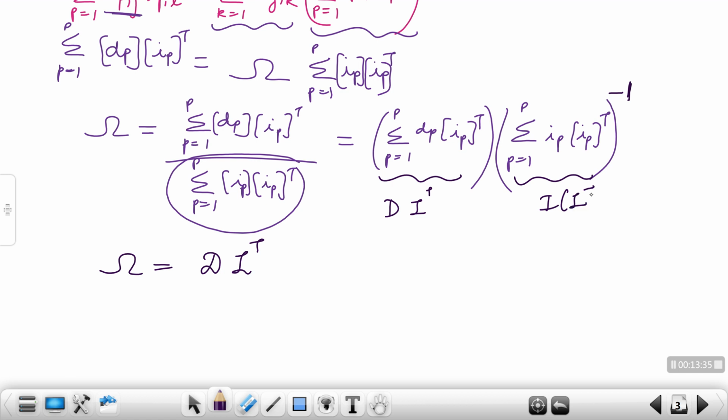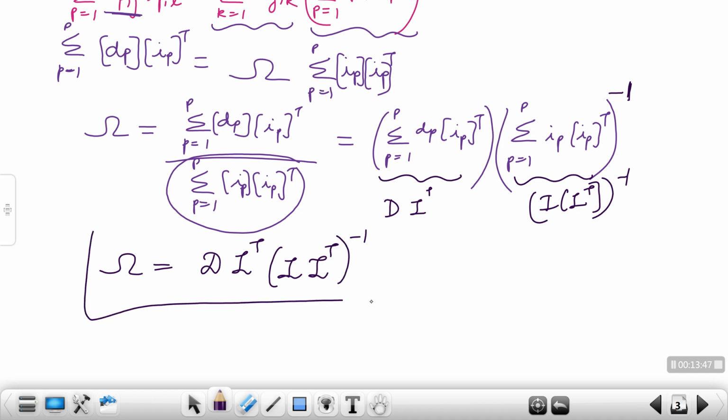This is I into I transpose, and then I have to take the inverse of it. So basically what I get is D into I transpose, and the inverse of I into I transpose. This is the equation which is used to find the weights. Okay? This is the equation which is used to find the weights.